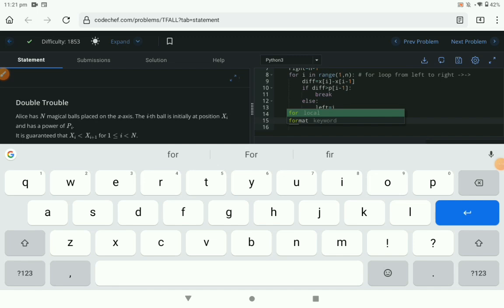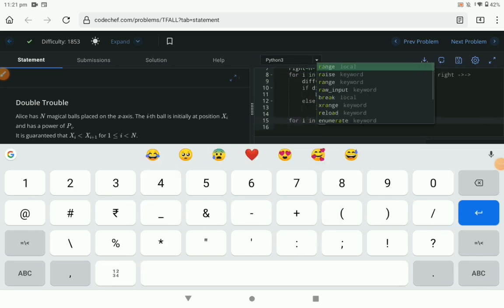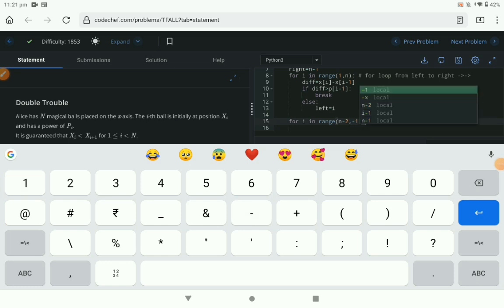Now I am running a reverse for loop for i in range n minus 2 down to minus 1.